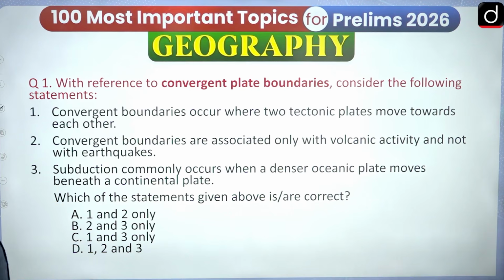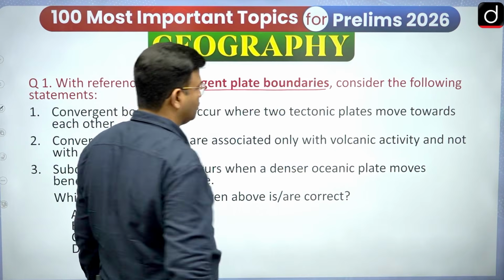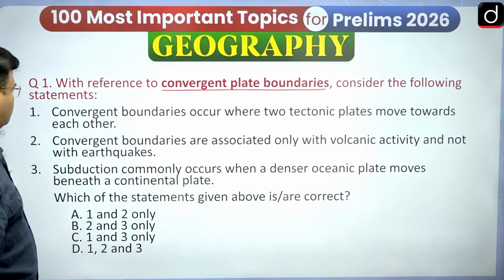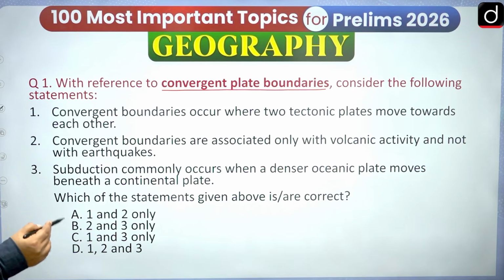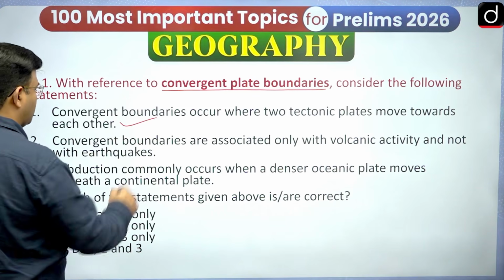Next question: with reference to convergent plate boundaries, consider the following statements. Convergent plate boundaries occur where two tectonic plates move towards each other. Yes, that is true.